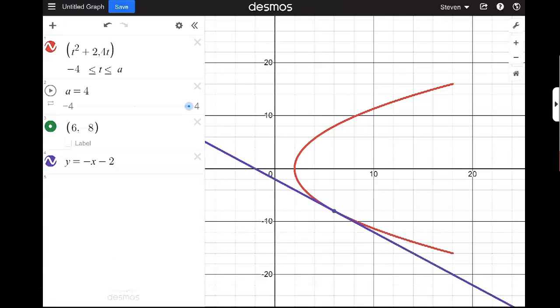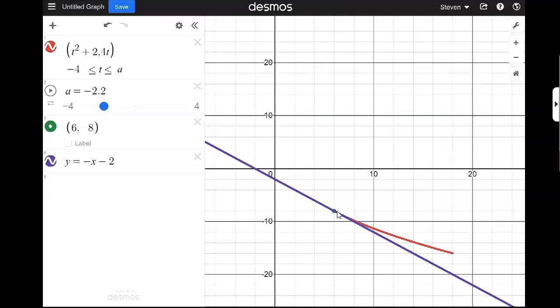Now, there's one final thing I want to point out here. The tangent line is moving with a slope of -1, and it's moving tangent to the curve, just like it did before. The curve, though, as t grows, is actually coming up.